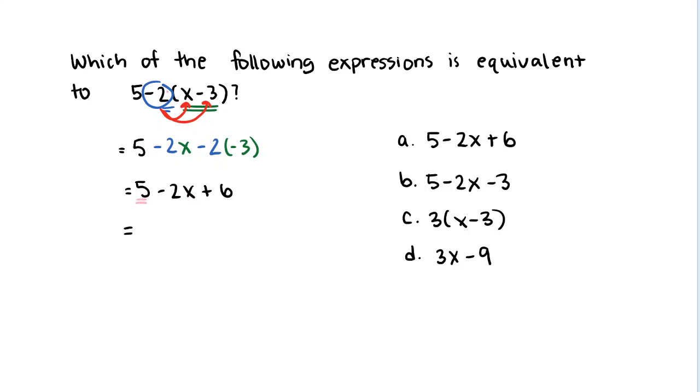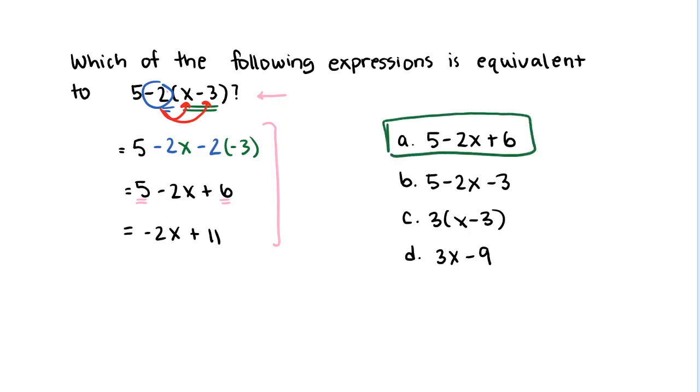What are like terms are these constants, 5 and 6. So we can add those together to get, well, we have minus 2x plus 11. And so all of these different expressions we see here, they're all equivalent to this original one. So we see here this 5 minus 2x plus 6 right here. That's an equivalent expression to our original expression.